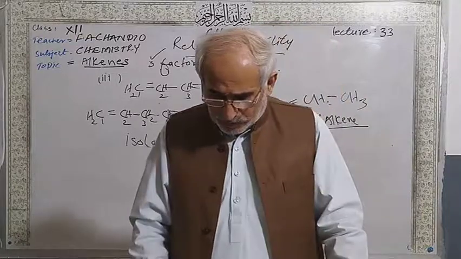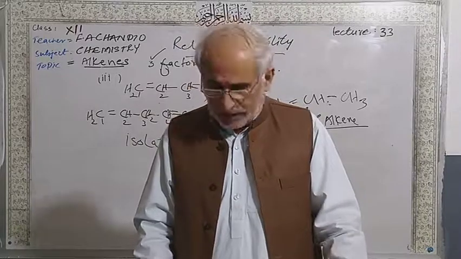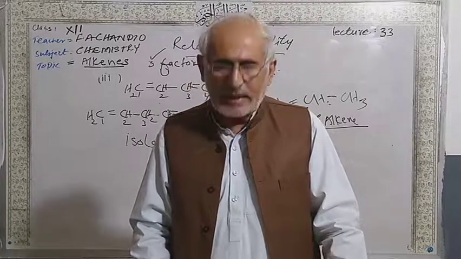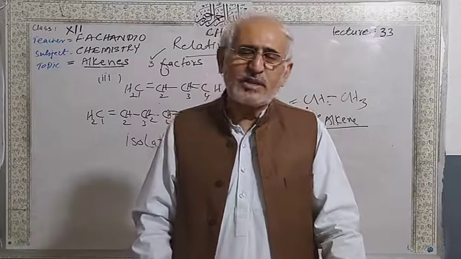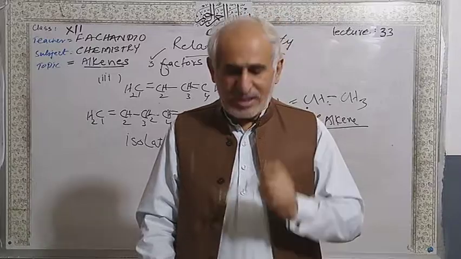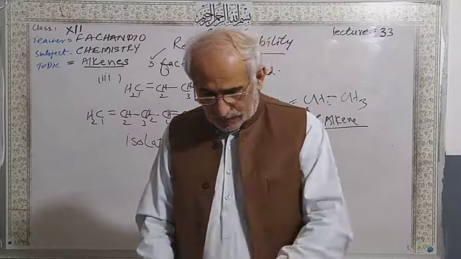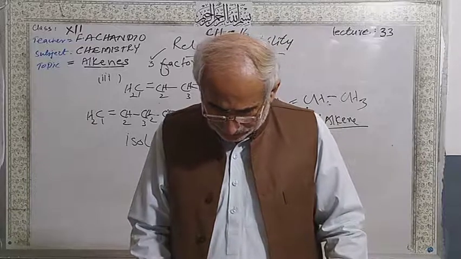That's why 1.34 angstrom in the case of a double bond and 1.54 in the case of a single bond. So there is a high electron density between the carbon-carbon atoms in the double covalent bond. Due to this reason, a double bond is more reactive than a single bond.